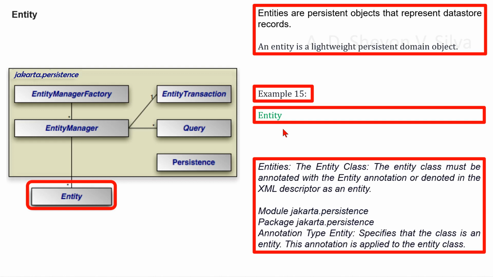An instance variable must be directly accessed only from within the methods of an entity by the entity instance itself. Instance variables must not be accessed by the client of the entity. The state of the entity is available to the client only through the entity's methods, that is accessor methods, getter or setter methods, or other business methods.